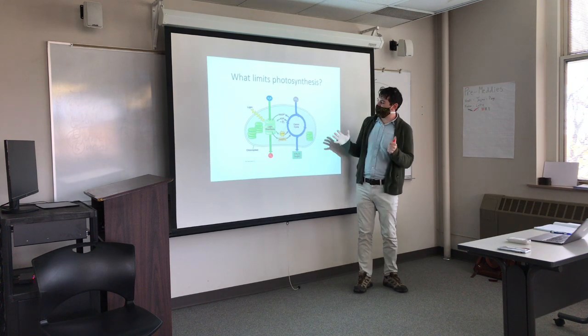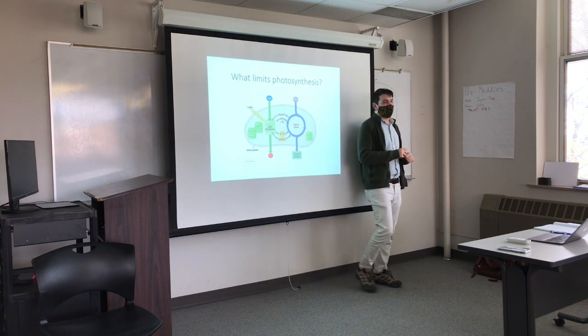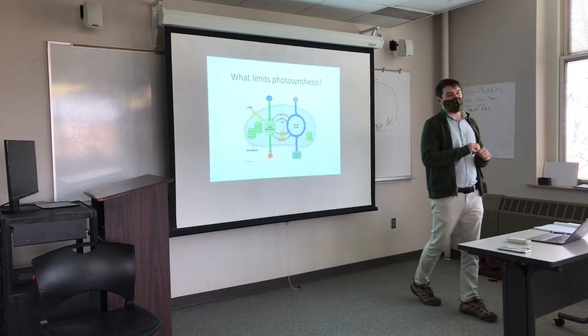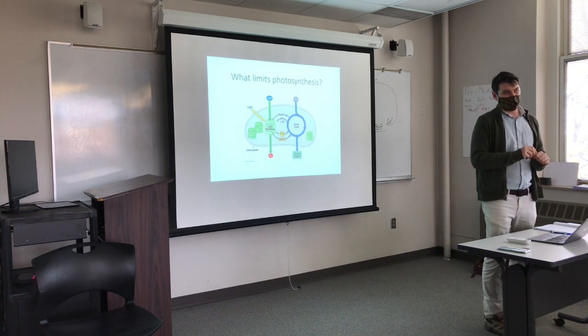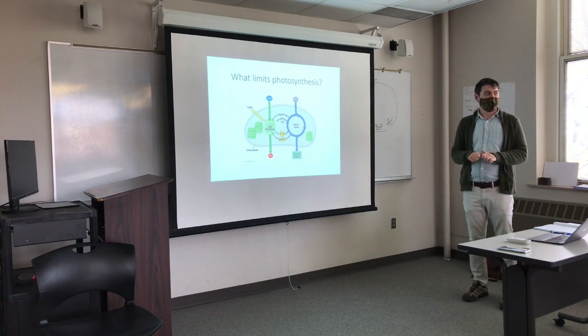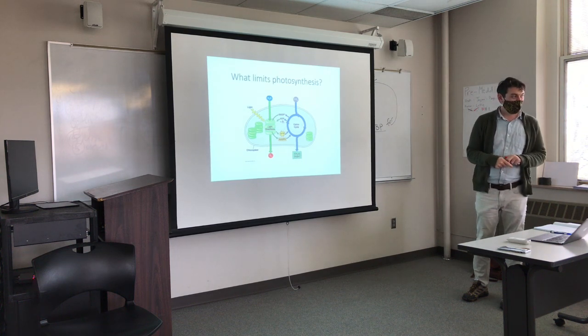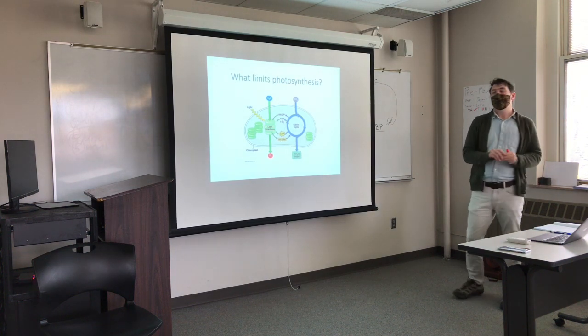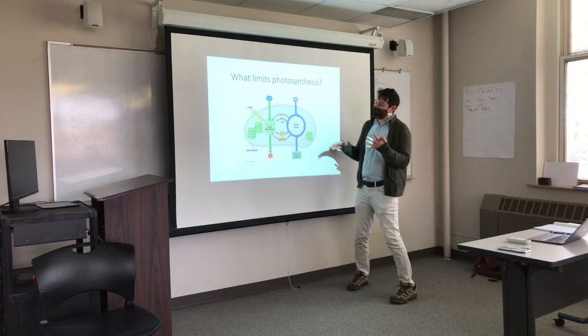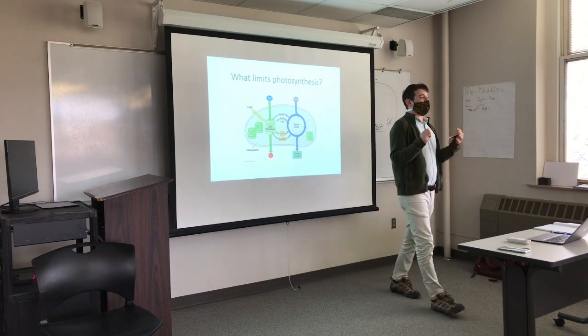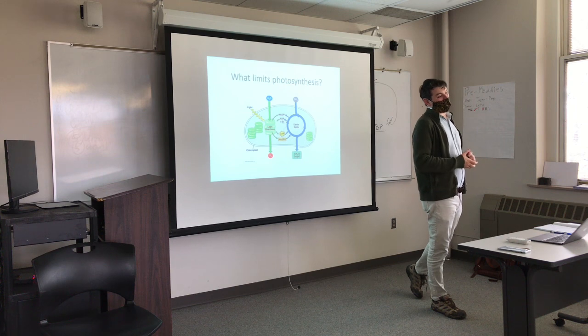Can you think of anything else that might limit photosynthesis at those bright conditions? Space that it diffuses? Space is kind of a good guess, but it's actually the rate of these reactions that becomes limiting.